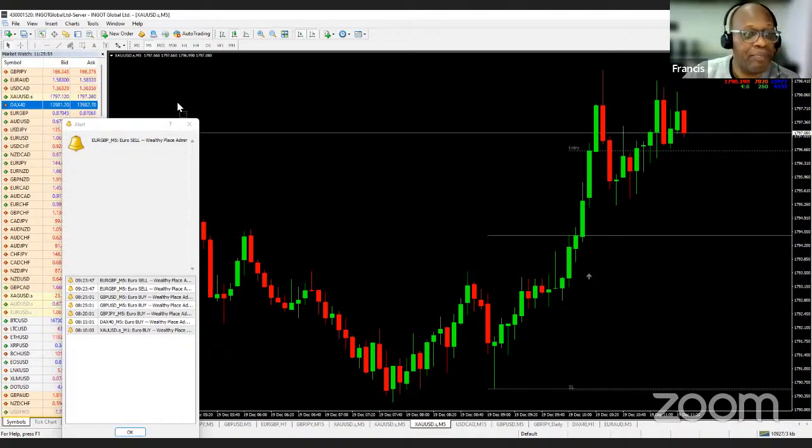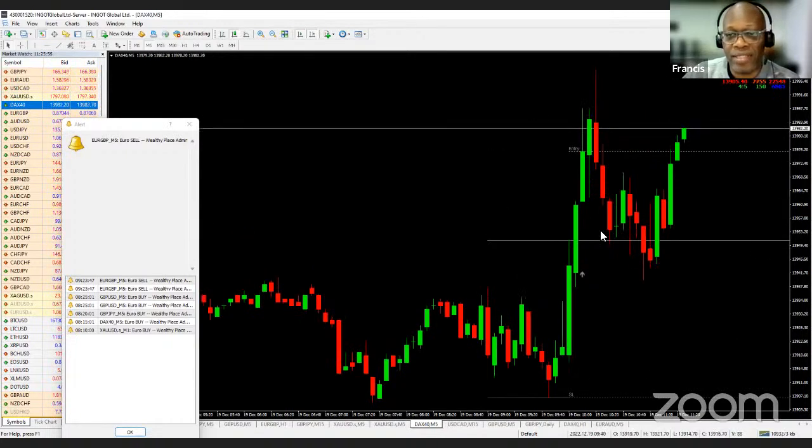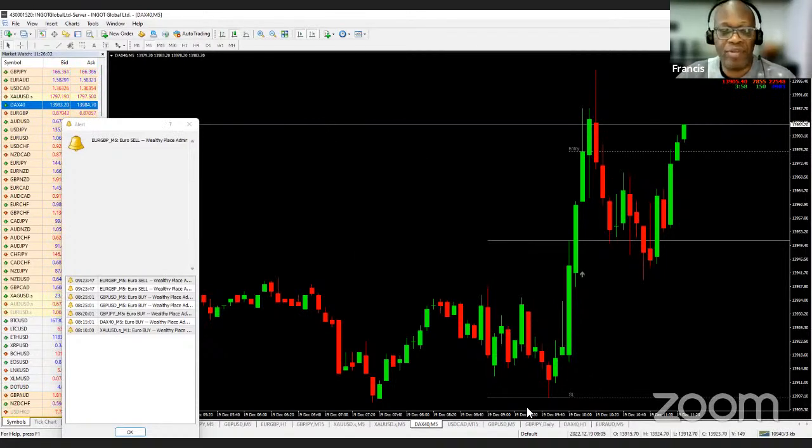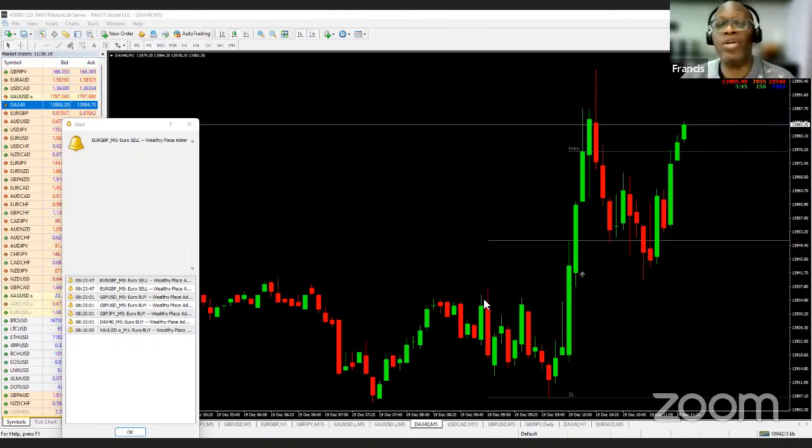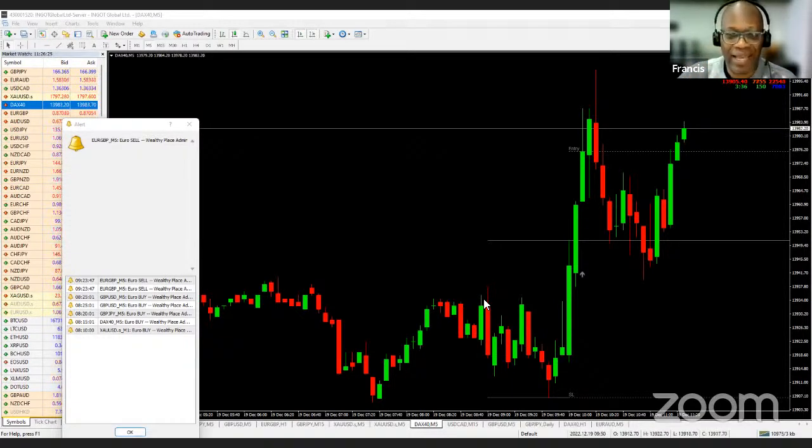Let's look for others. You can see the DAX is also giving a signal. So this is one of the indicators I'm going to be sharing with my members, which obviously will help them become more profitable, even though they do not know much about trading. Although I am also going to be training you. The whole idea is not just to make you dependent on indicators.